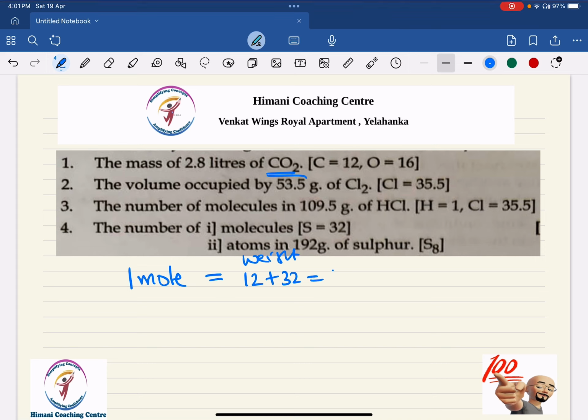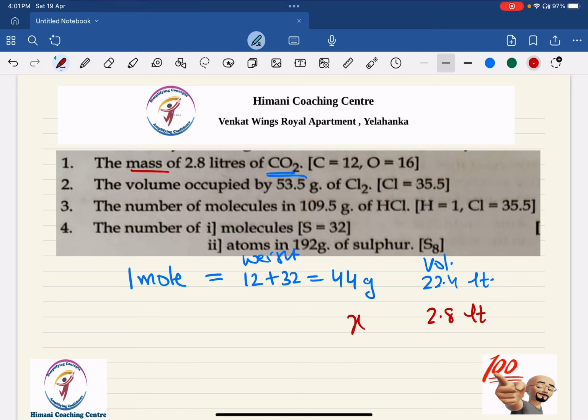So 1 mole of carbon dioxide would weigh 44 grams. And the volume occupied by 1 mole of carbon dioxide would be 22.4 liters.